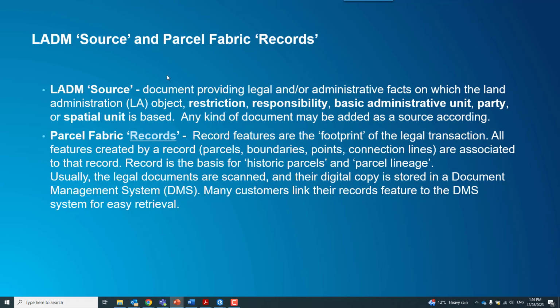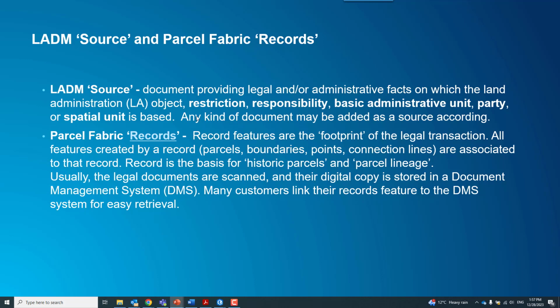This is, by the way, probably going to get extended in the next version of LADM to talk about other types of sources, like planning source, right? Different phases in the life cycle of a parcel before it even gets registered. So we will have more types of sources, but the idea is the same.